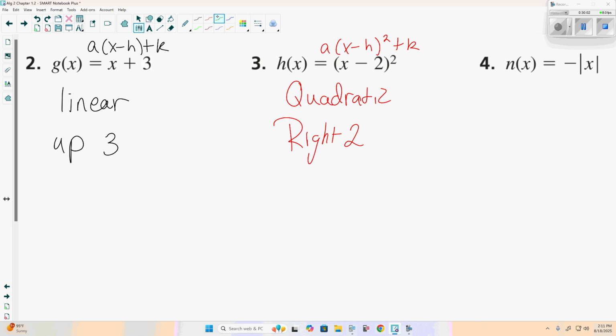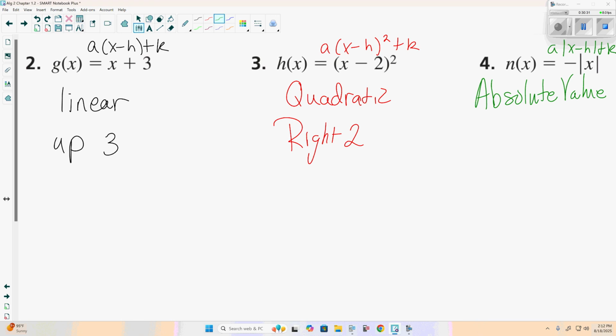N of x equals negative absolute value of x. Well, this is absolute value. So when we look at the general form, do we have a value for k other than 0? Do we have a value for h other than 0?